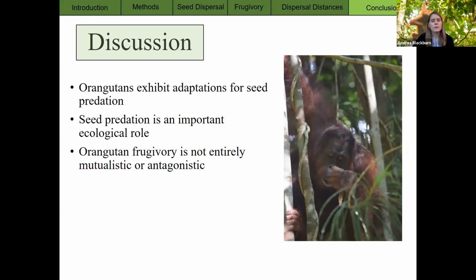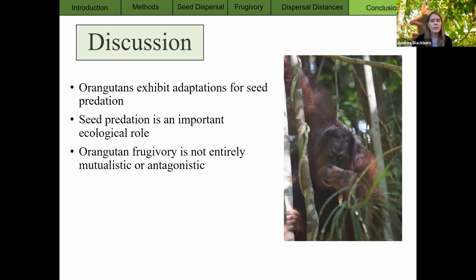And so similar to previous literature, we've shown that orangutans are seed predators. Orangutans exhibit adaptations for the consumption of hard and tough food objects, including seeds. Adaptations include thick crenulated molar enamel and strong jaws, which are suggested to enhance orangutans' ability to crack and chew seeds and other hard objects. Seed predation is also an important ecological role. Seed predation itself affects plant demography, and it shapes plant population growth, plant abundance, and plant distributions.